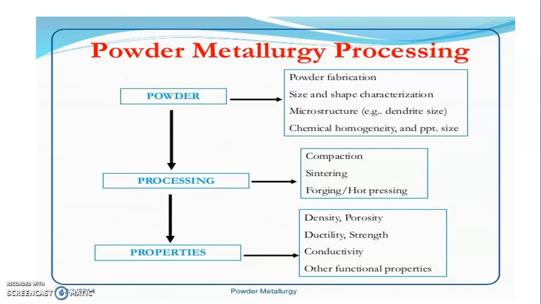After that, compaction and sintering are the processes we use to make a product with whatever properties we require. Sometimes hot pressing will also take place. Then final properties are calculated based on density, porosity, ductility, strength, and also conductivity.